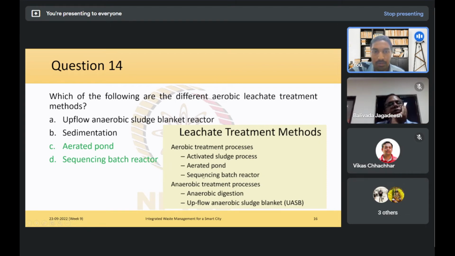The sequencing batch reactor is a type of activated sludge process, where we use microbial flocs along with oxidation or supply of air. So it is also an aerobic process. Of the four given options, C and D are the aerobic processes that we use for leachate treatment.